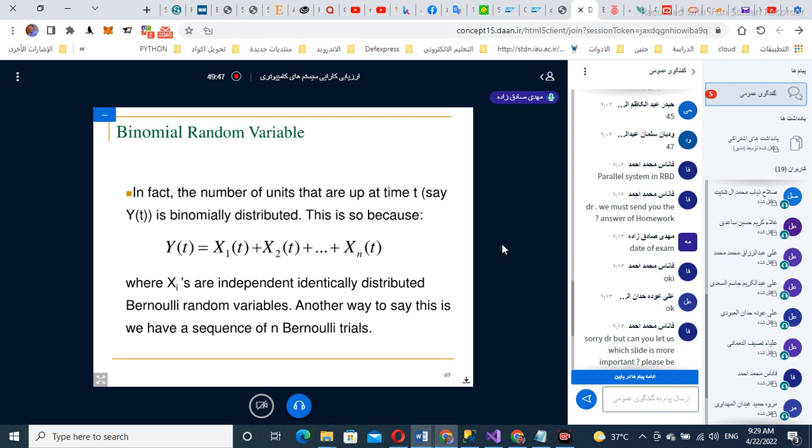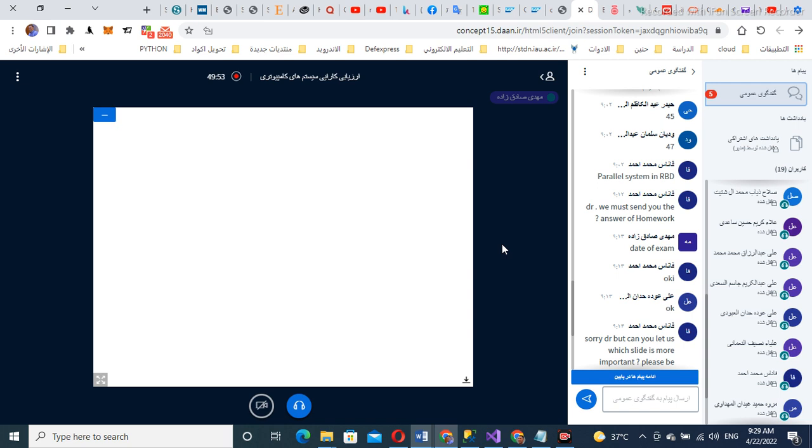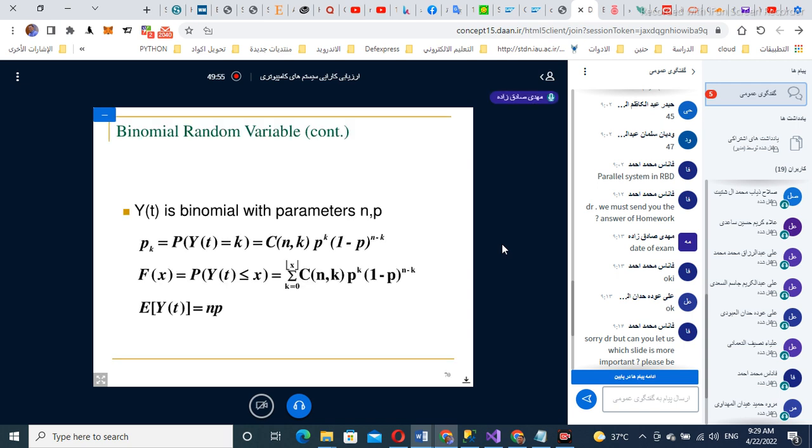Another way to say this is we have a sequence of n Bernoulli trials. So Y is a binomial with parameters n and p, so that p_k, that is probability of Y(t) equal k, that is combination k from n, p exponent k, (1 minus p) exponent n minus k.